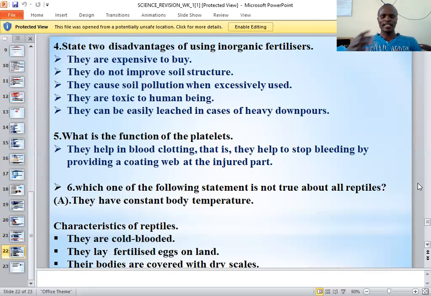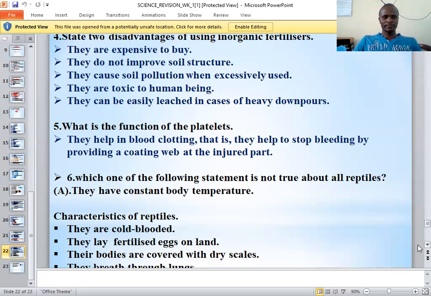And when that web has been formed, it stops more bleeding. So platelets help in blood clotting, whereby they stop bleeding by providing a clotting web at the injured part. That's the function of platelets. If you have written that they help in blood clotting, I think that was enough of an answer.